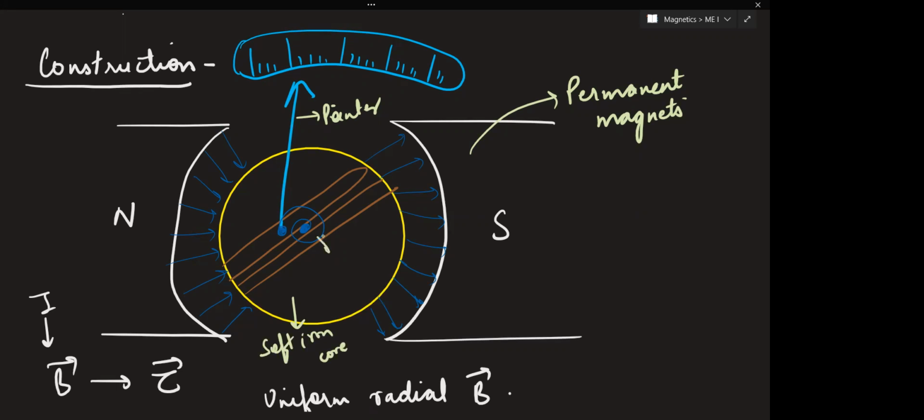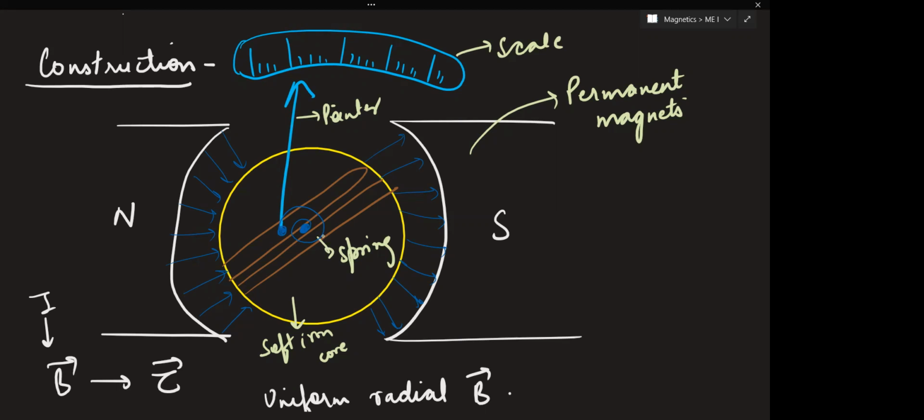This is spring. And on the spring, a pointer is connected. These are permanent magnets, and outside you have a scale. Scale has all the measurements. Now, this is the concave side of it. Concave magnets are existing. So because of this curve, the magnetic field lines that are coming are radial. Radial means in the direction of the radius of the circle.